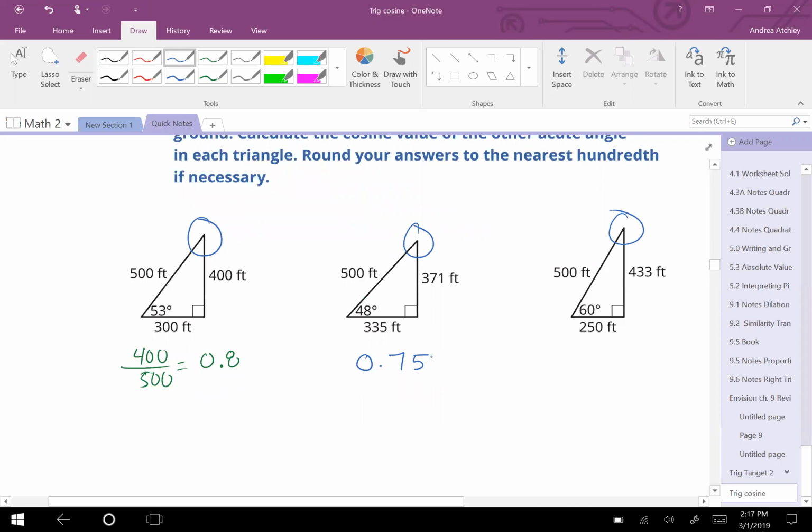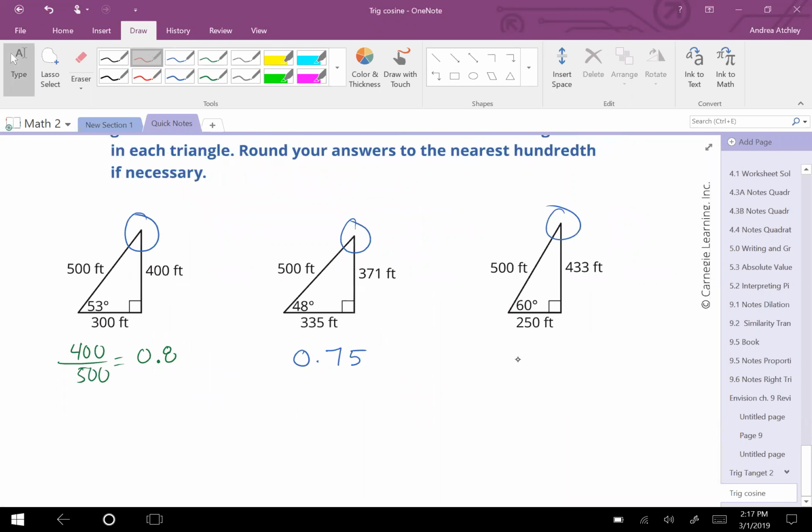Nick C, what'd you get for the third one? 0.86. Okay, do you agree with all those? No, the middle one's wrong? What should that one be? 0.74. Yeah.